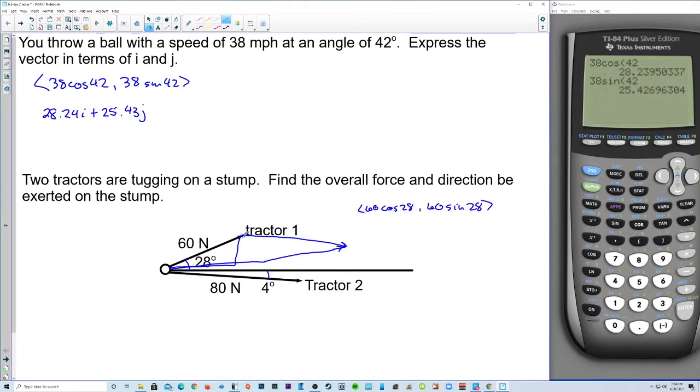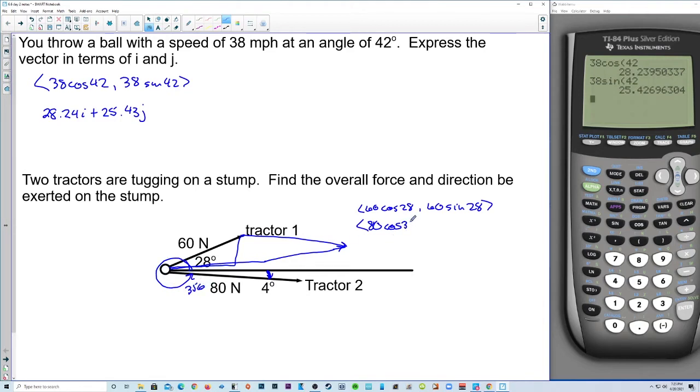And then we need the component form of the tractor 2 vector that we put up here on top of the first one. And that's going to be 80, and it's going to be cosine of, now we're using unit circle measurements, and yeah, this is really negative 4 degrees, but if we go all the way around, it's 356 degrees.